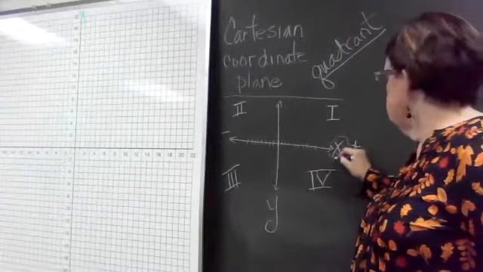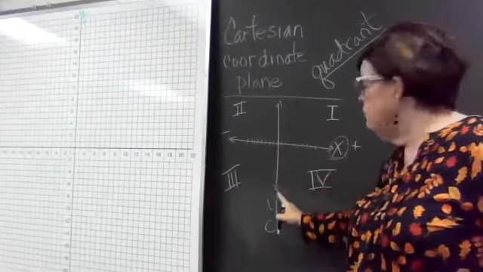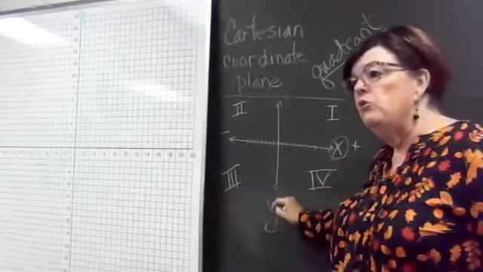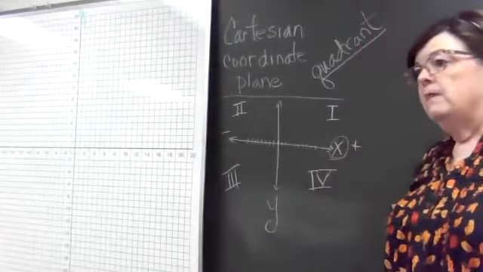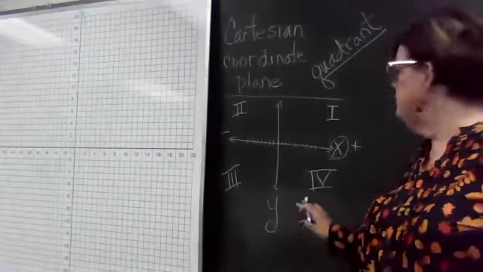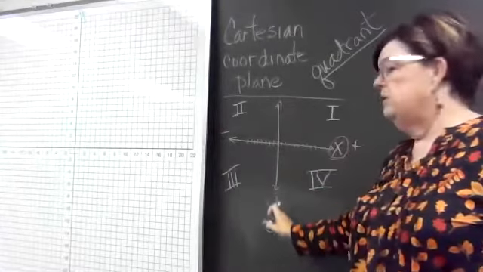There's not a change. It will always be x. And the vertical means up and down, it will always be the y-axis. This will be important to you. It's not hard, but you need to remember that the horizontal one is x, the vertical one is y.